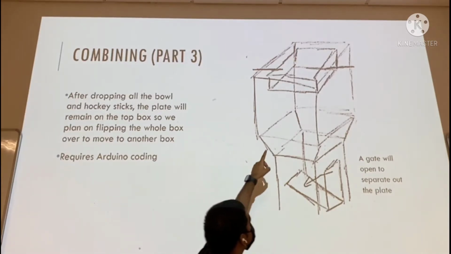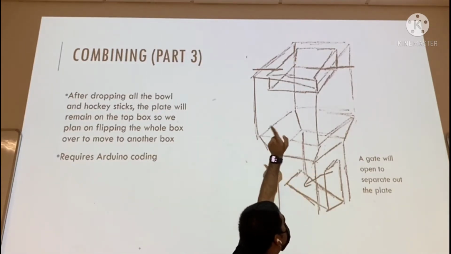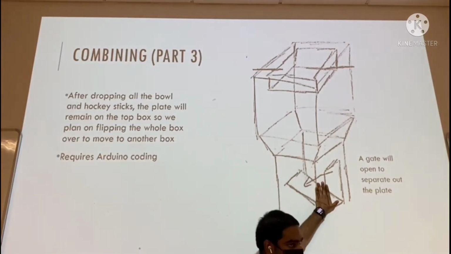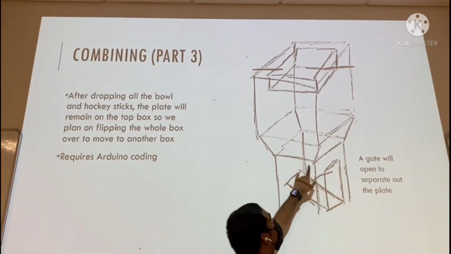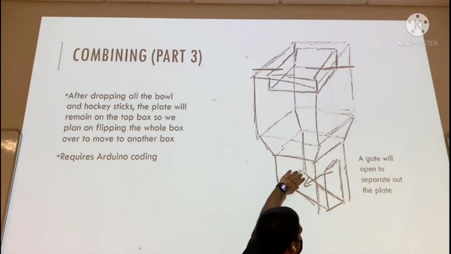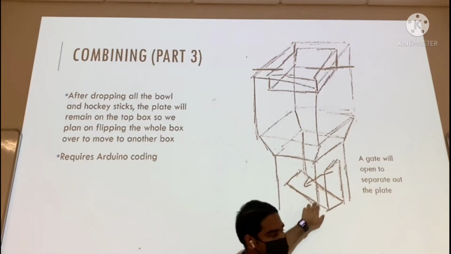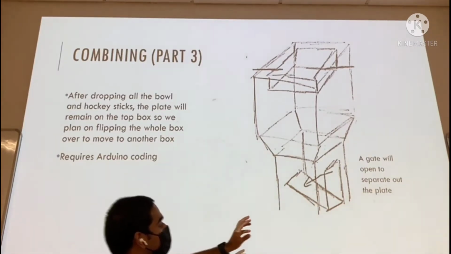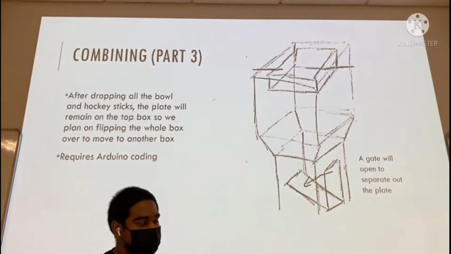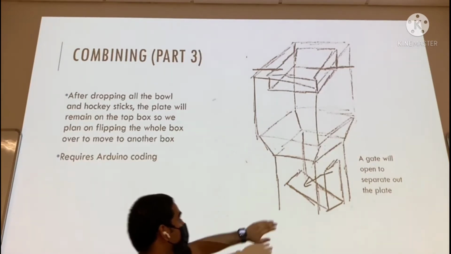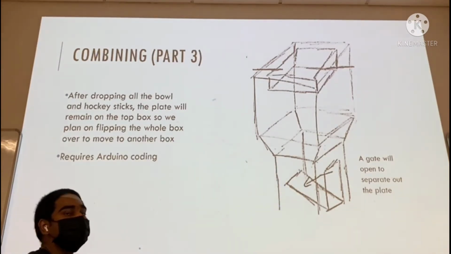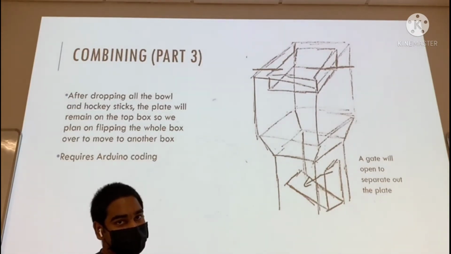What we do is topple the box itself, and there's a gate at the bottom which will open up for the plates to drop and slide down, and then the container here is for the plates. To open and close the gate, and to move the box in the oscillation motion, we use Arduino coding.